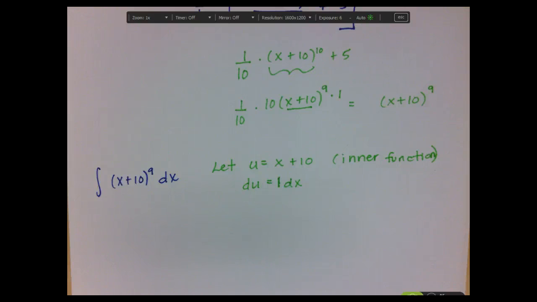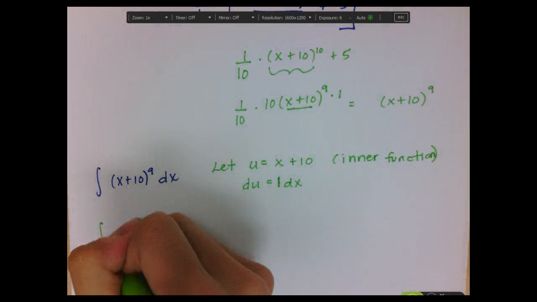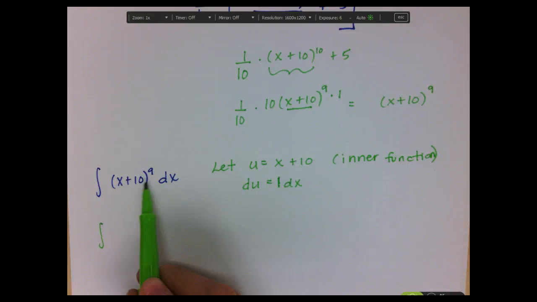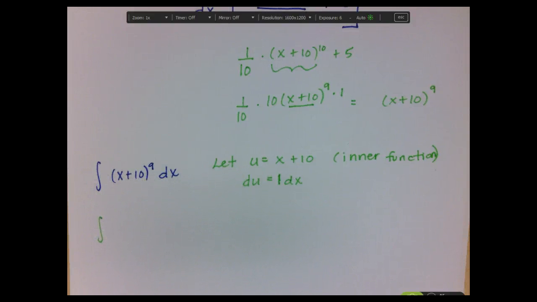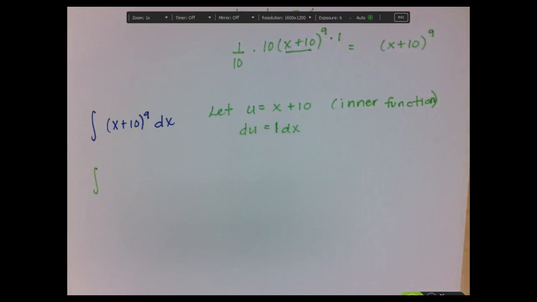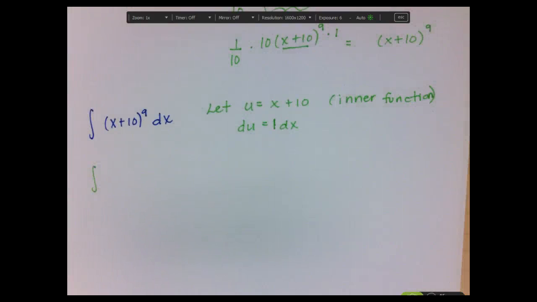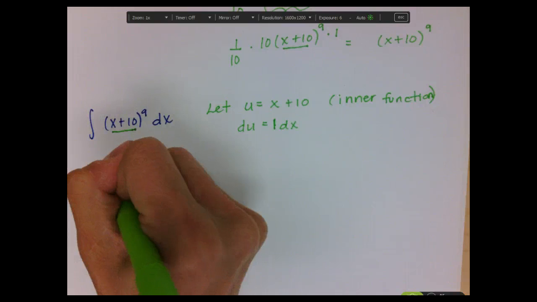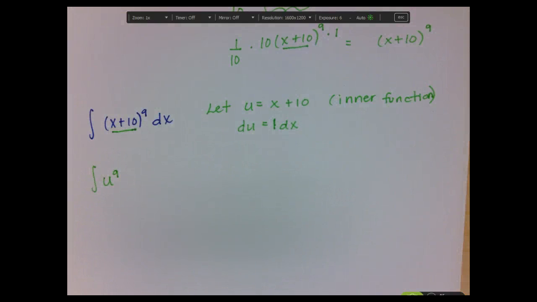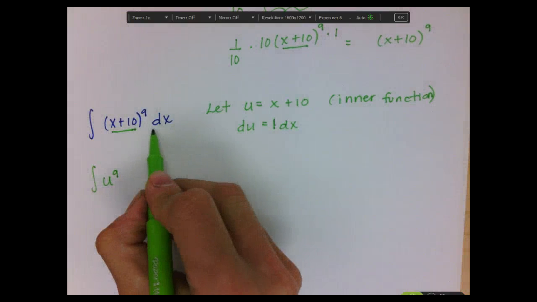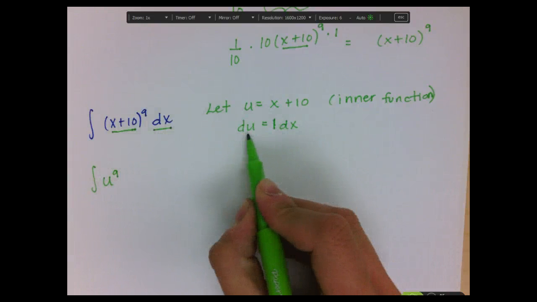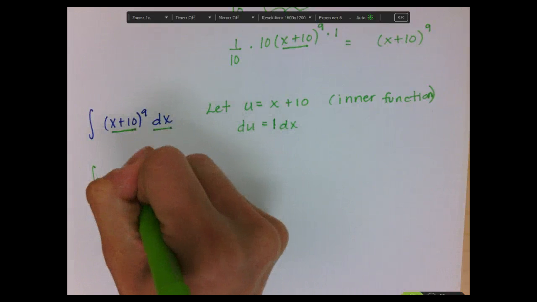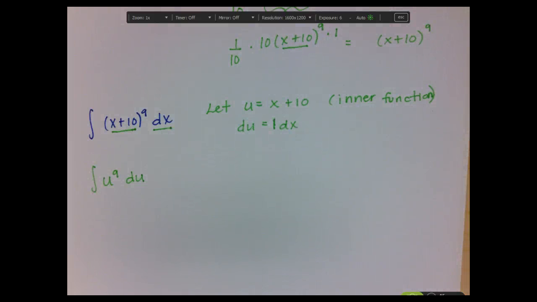So instead of integrating this composition of two functions, something added to a variable and then raised to a power, I'm going to simplify it by integrating it with respect to u instead. Because I let x plus 10 equal u, now what I'm integrating is u to the 9th, and then dx is equal to du. So I can substitute everything I have in terms of u.